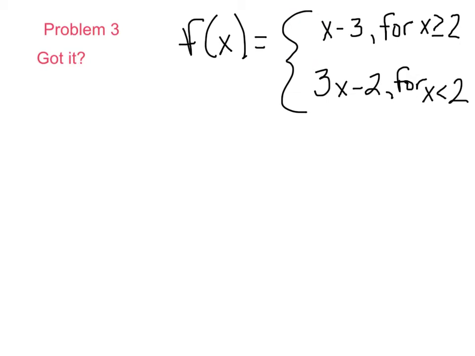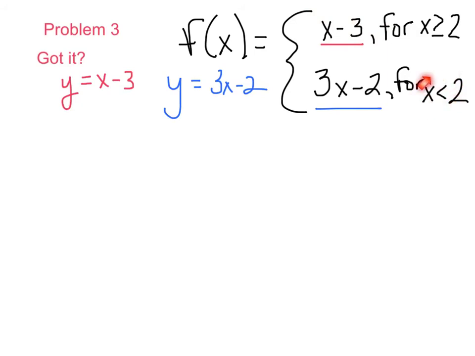So right here, it's basically saying you have 2 equations. You have this equation, y equals x minus 3, and you have the second equation, y equals 3x minus 2. But for every value that's 2 and less, you're using this equation.